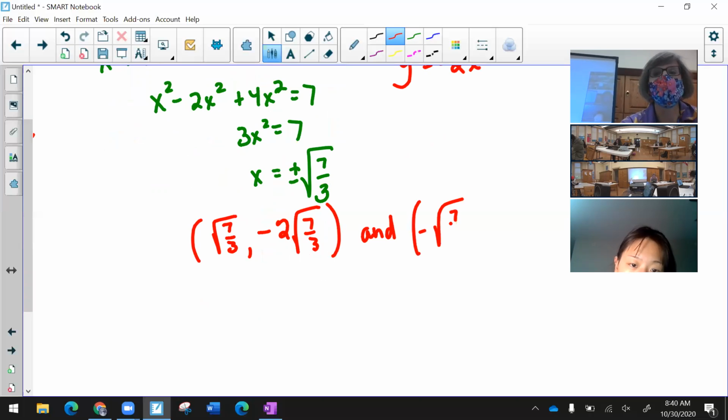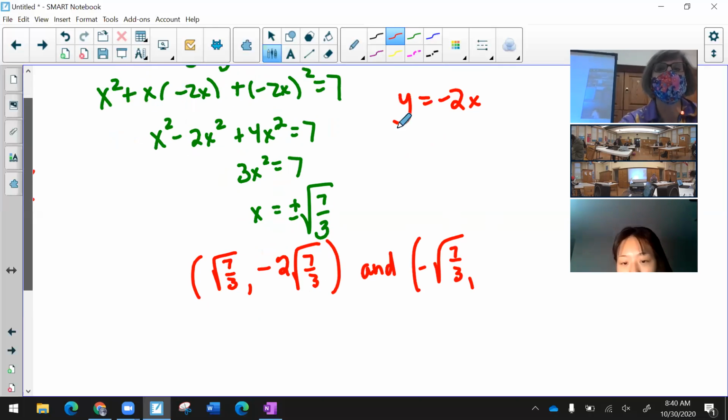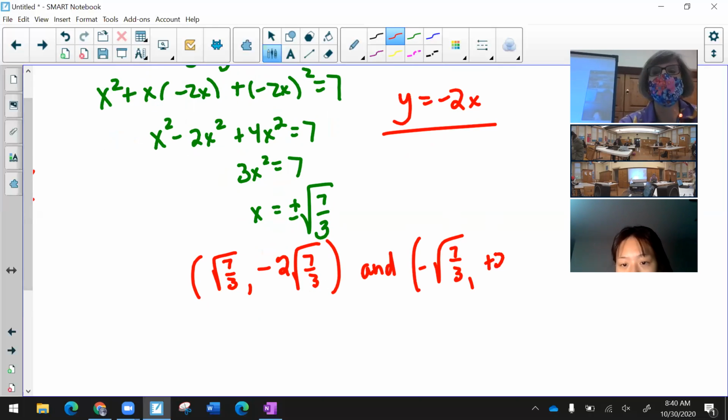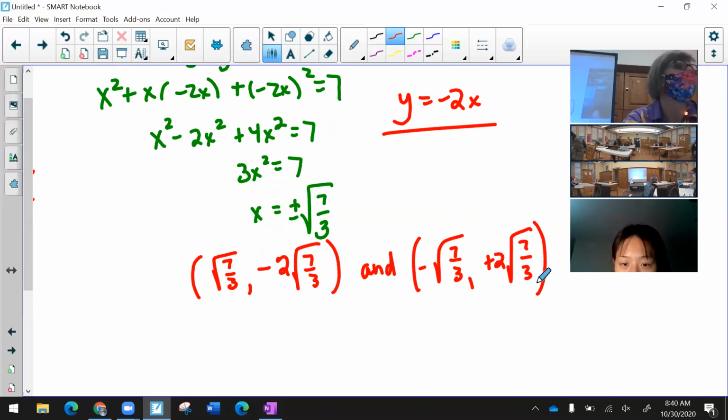And then I take negative radical 7/3, and when I substitute it in, that gives me positive 2 radical 7/3. Are we good? All right. Everybody good? Vivette, you good?